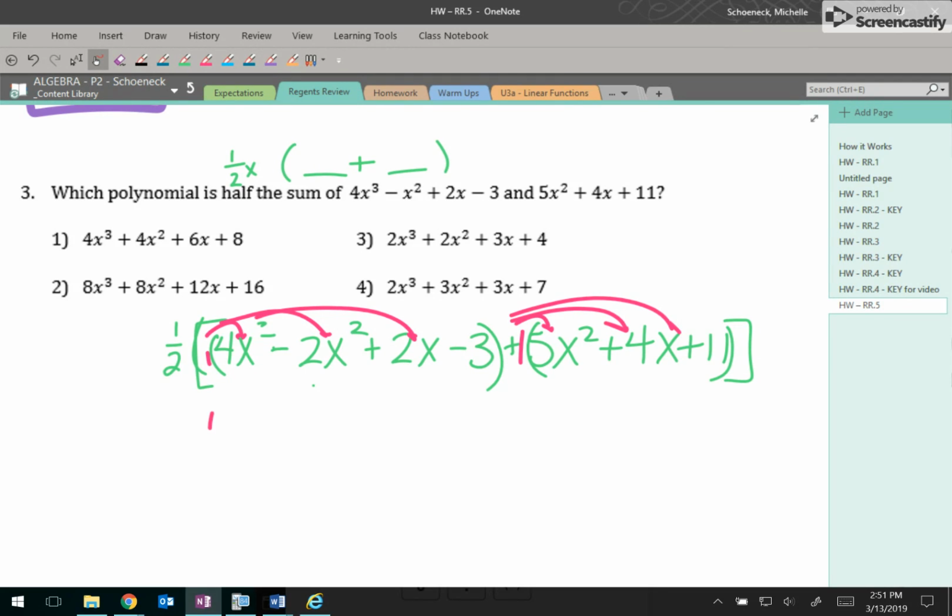Okay, when we do this, you can do this all on your own. We're going to do 1/2 times, and then we're going to end up combining like terms. So your end result is going to be 4x to the third plus 4x squared plus 6x plus 8.